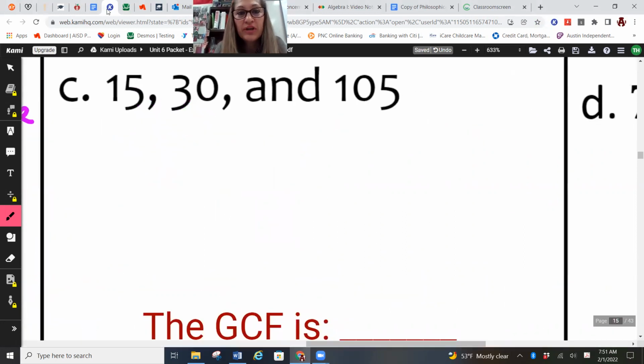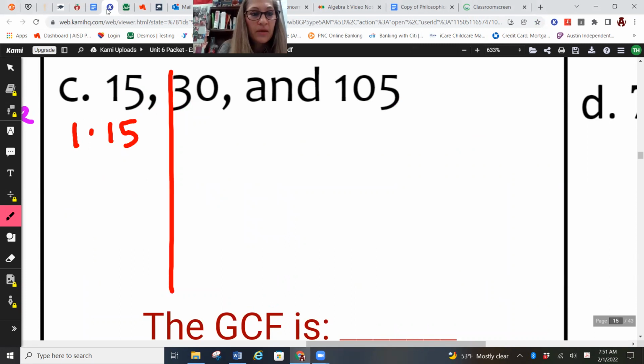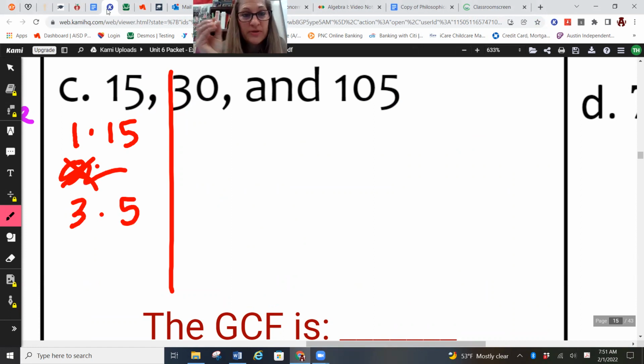Okay, 15, 30, and 105. Okay, start with 15. 1 times 15. 2 times nothing. 3 times 5. So there's only 4 numbers that multiply together to make 15.